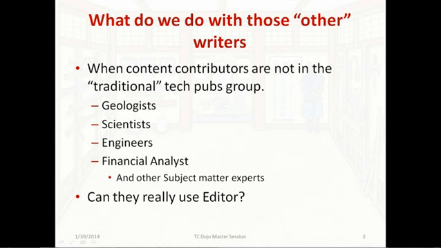But they also have a group of writers that don't fit into the typical tech pubs group. These writers could be geologists or other scientists or engineers or financial analysts. You know, perhaps they're in the pharma industry or in the medical device industry.